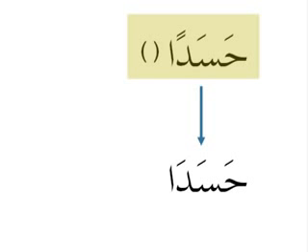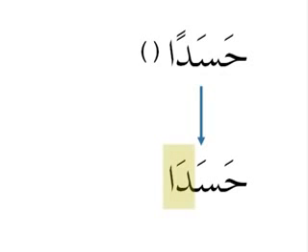However, if you're stopping, and we've got these two brackets here indicating the stop sign, then what you're actually doing, from the tanween, you drop out the noon sakin. So you're left with, in this case, the dal with fatha. So instead of dan, you have da, just fatha, and you've still got the alif. Because of that, you read it as hasada.